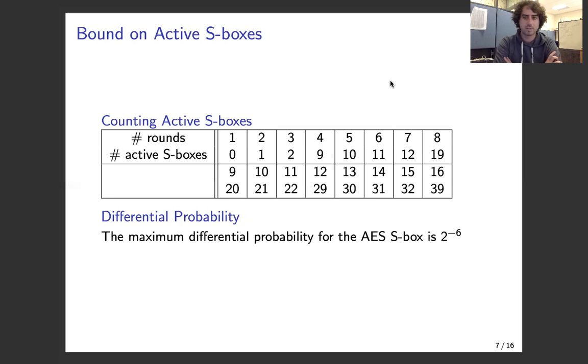So at 11 rounds, it's already plenty good enough if you look at characteristics. And if we go to 16 rounds, then we have at least 39 active S-boxes for the best characteristic. This will give us a probability of 2 to the minus 234, which of course is more than enough for a 128-bit block size.